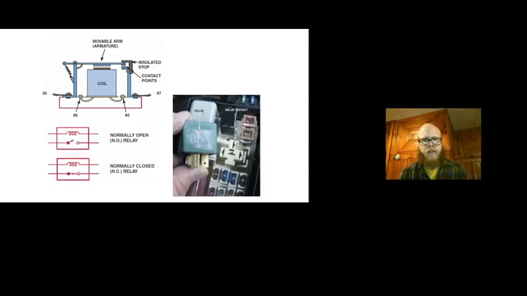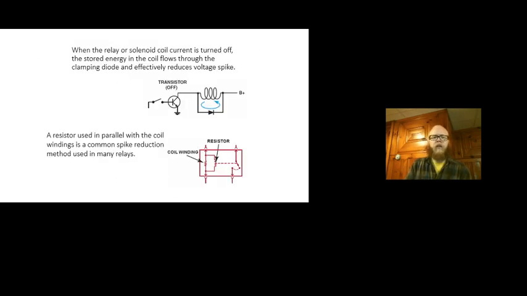Oftentimes on these, and let's see if it shows it on that one. Not so much. Not that one either. But almost all relays are going to have either a diode, which only allows current to go one way, or a resistor. And the reason for that is we've created an electromagnetic field. And just like an ignition coil, when we turn off the circuit, open up the switch, all that magnetism collapses across the coil.